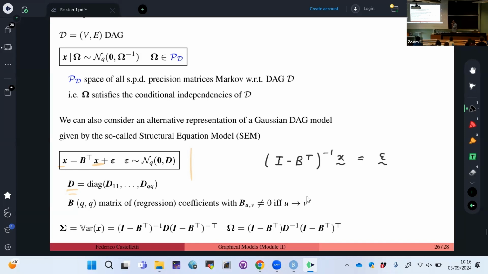And then what we can do is compute the variance of X. Sorry, here we don't have the -1.